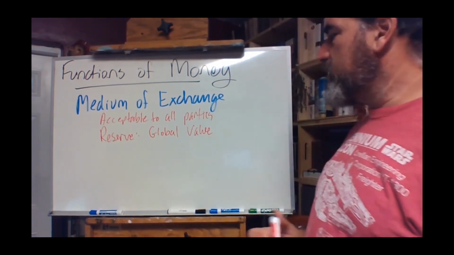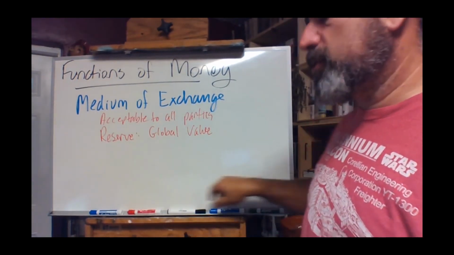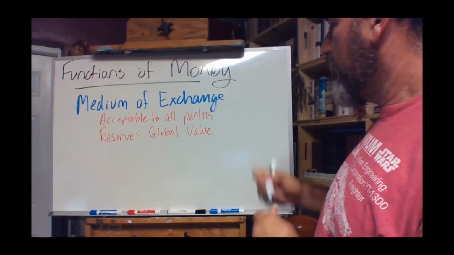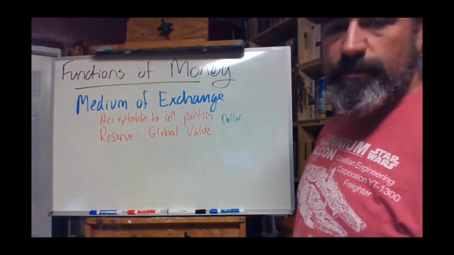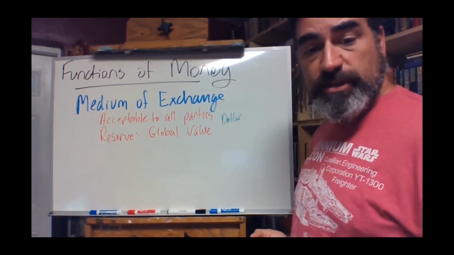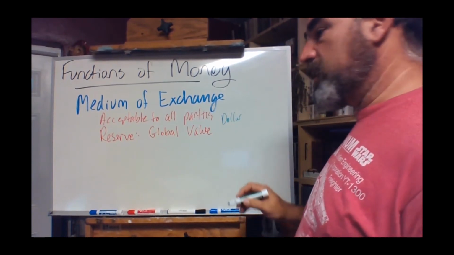Right? There's some other examples of reserve currency. Of course, the dollar is the reserve currency. If you're going to purchase things in the international scene, it's usually done in dollars.